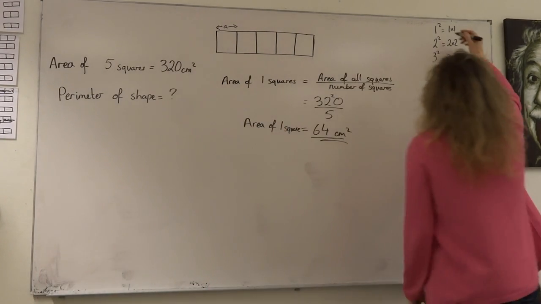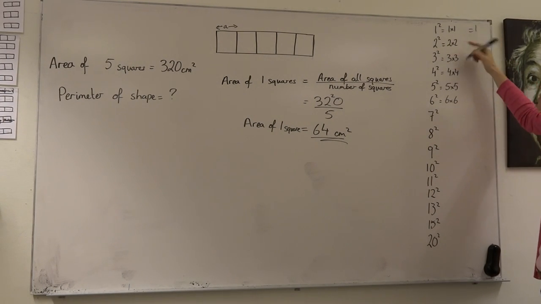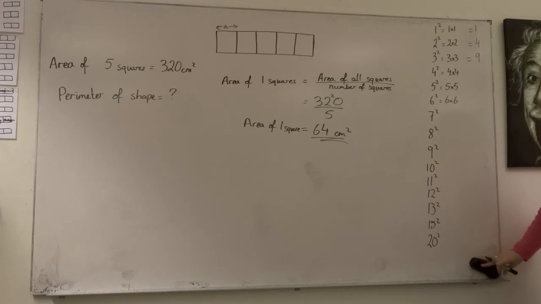We know that 1 squared is 1 times 1, and that equals 1. And we know that 2 squared is 2 times 2, and that equals 4. 3 squared is 3 times 3, it equals 9. You've got to know all of these numbers sort of in your heads off by heart.